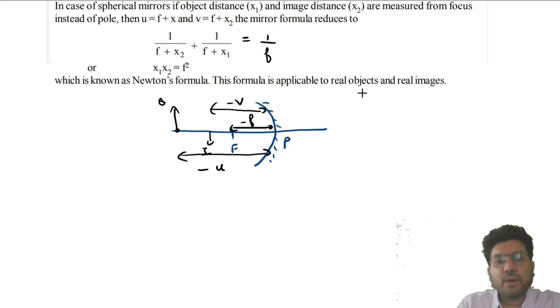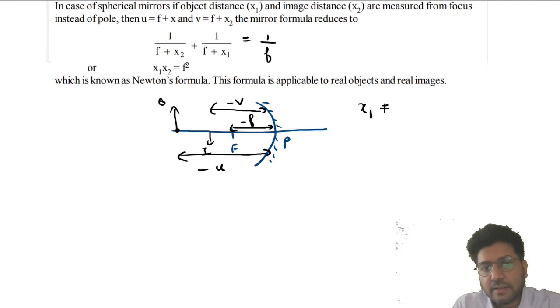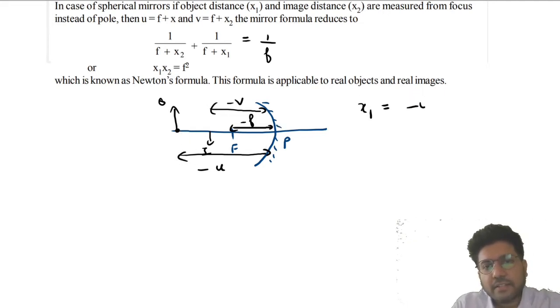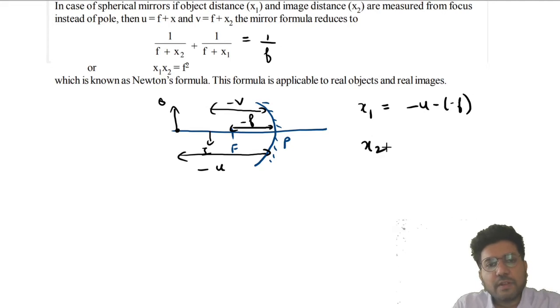So from here what you will do: object distance from focus is x1. So x1 will be how much? Listen carefully, this is minus u and this is minus f, so I'll write minus u minus of minus f. Similarly x2 is the image distance from focus, so this is the image, right? So I will write minus v minus of minus f.